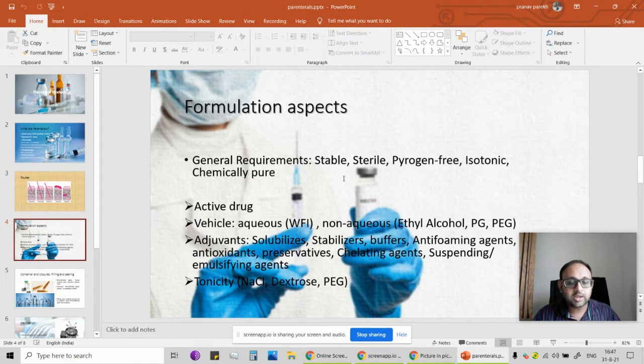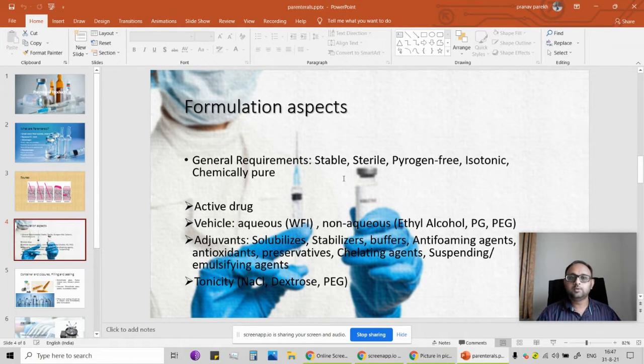Next is, it should be chemically pure, which means assay. Whatever active drug you are taking, it should not have any chemical impurities that may cause side effects, right? So here isotonicity is the most important part when you are looking at the formulation aspect. I'll speak about that in detail.